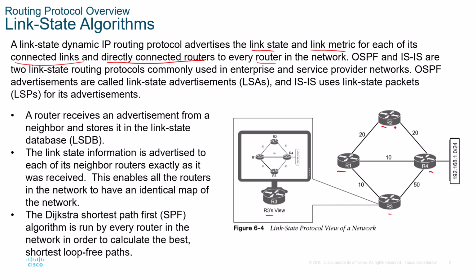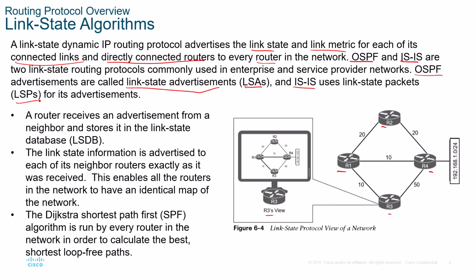The two main link state protocols are OSPF and IS-IS. These are the two main protocols used in enterprise. In reality, OSPF is the big one that I keep seeing. They send advertisements called LSAs, link state advertisements, while IS-IS will use link state packets, LSPs, for its advertisements.